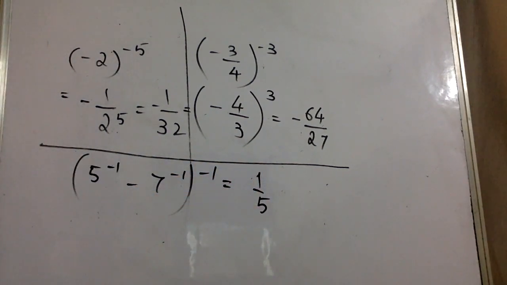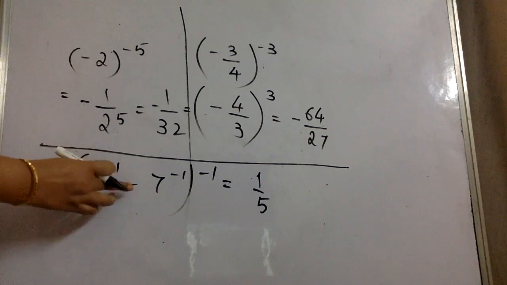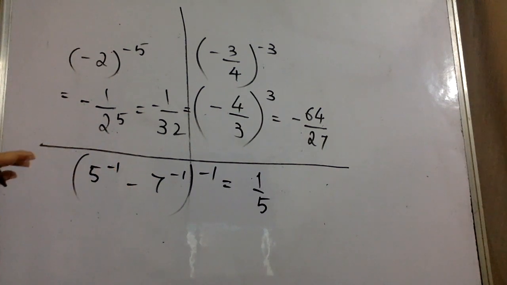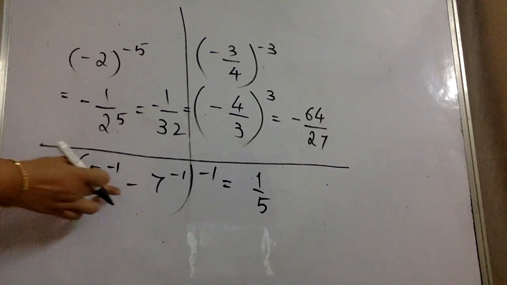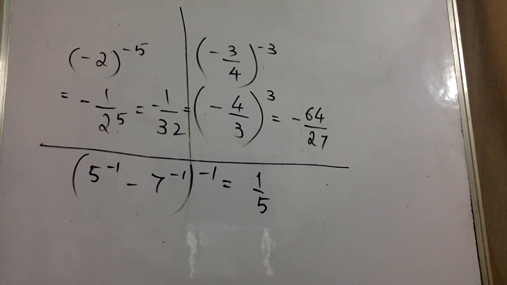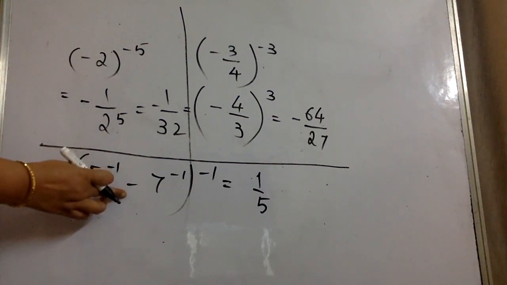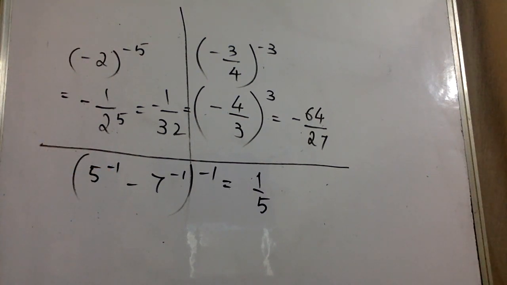Why? I'll tell you. Because there is no rule in exponents, of all the 5 rules that you have learned, where you work with a minus sign here or a plus sign. You will notice that all the rules are working only on multiplication or division signs.